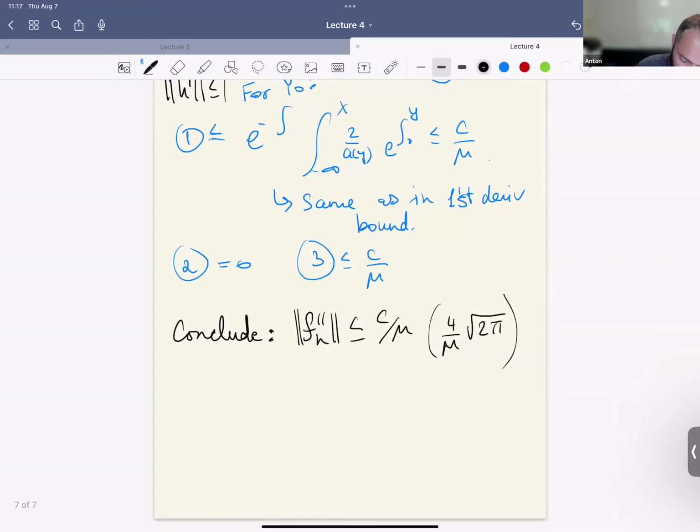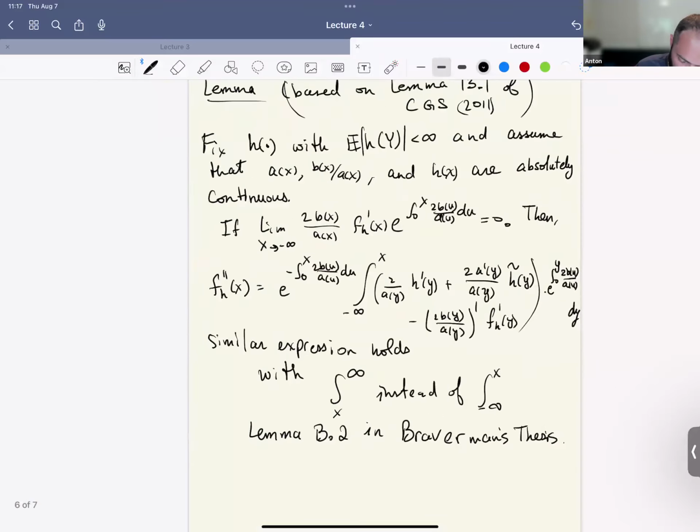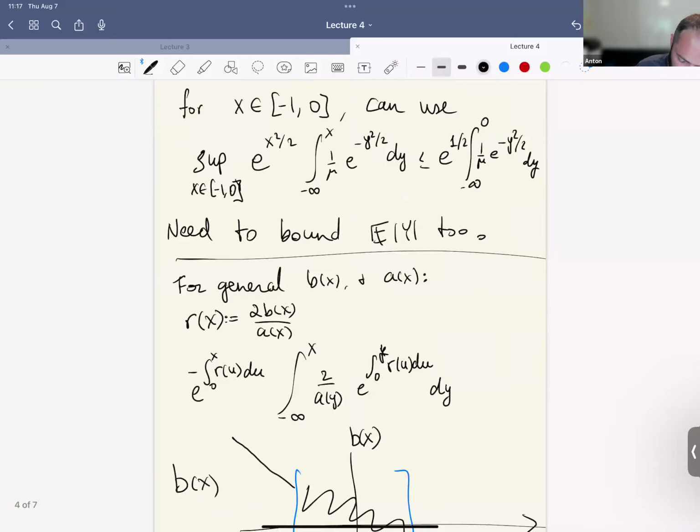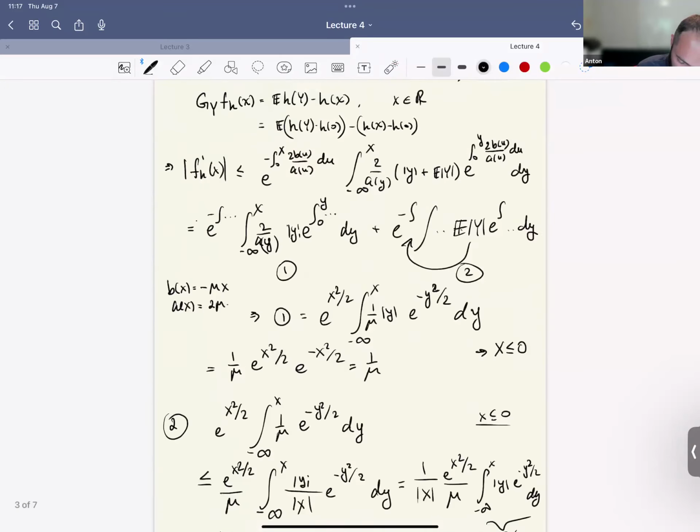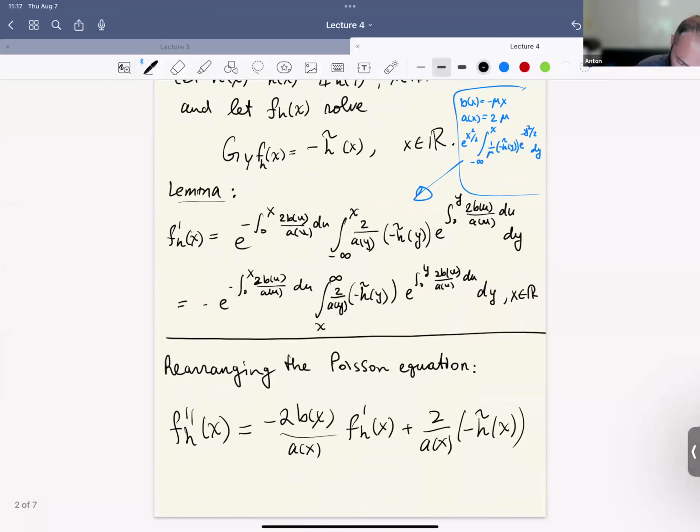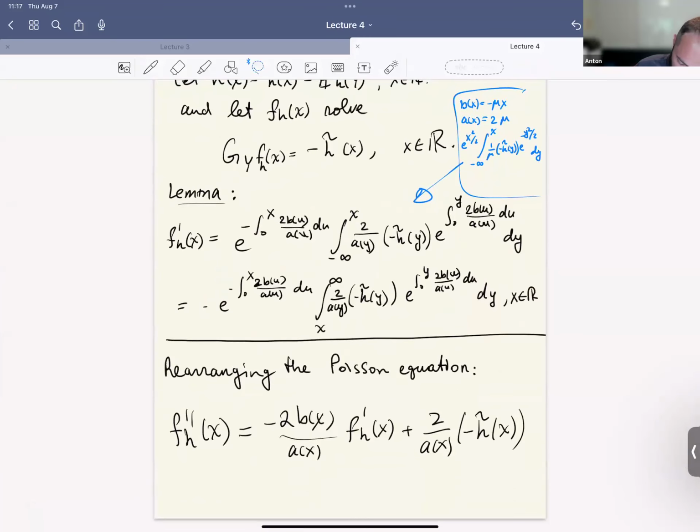What about f triple prime? For f triple prime, let me just remind myself. Well, we've already written so much. Let me just remind myself of this rearranged Poisson equation.